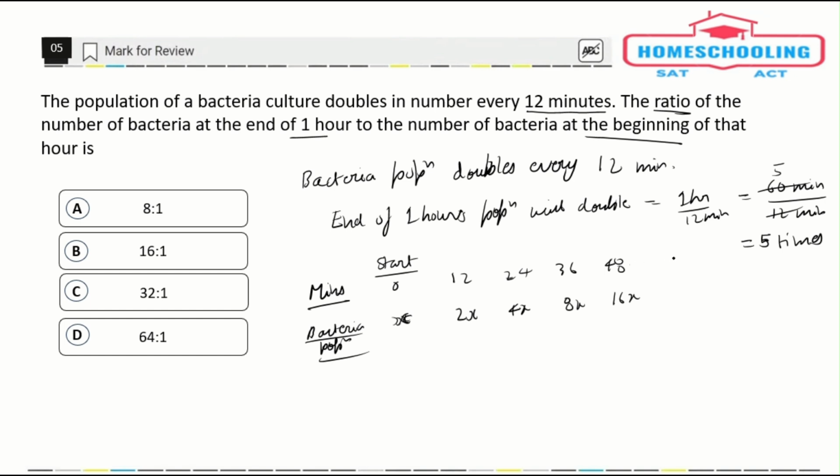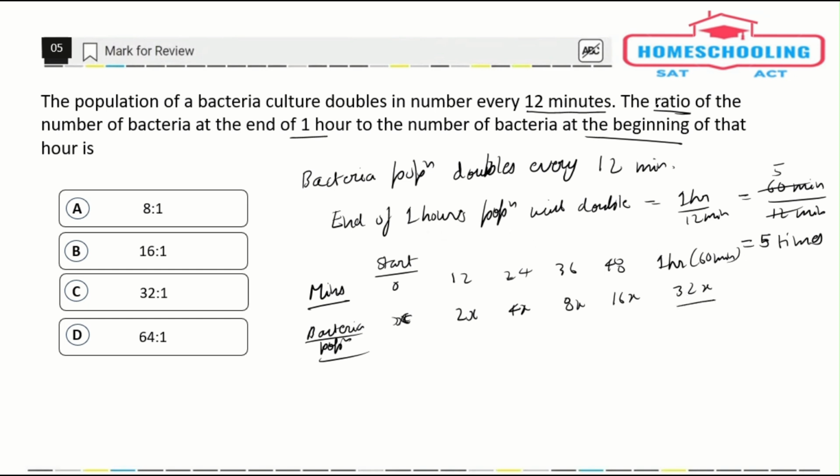Then after 12 minutes more, 48 plus 12, that is 60 minutes, the end of 1 hour. The population doubles one more time, so 16x into 2 would be 32x.